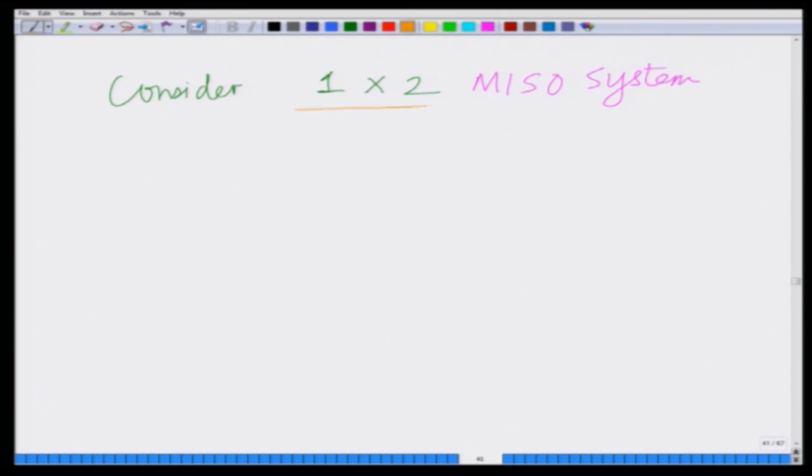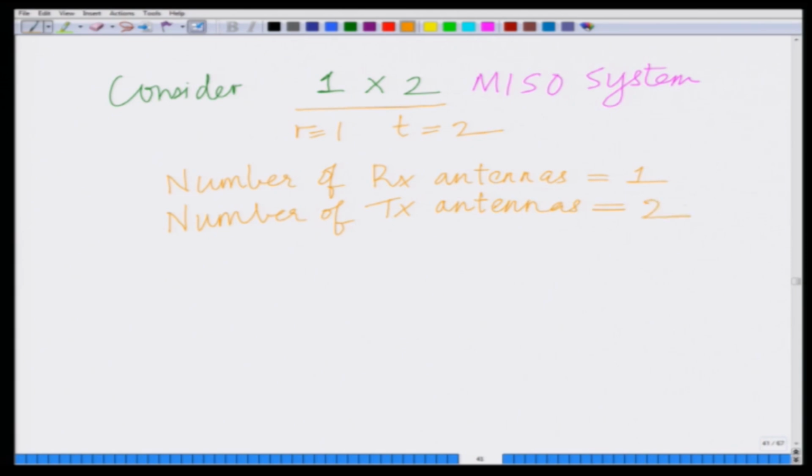1x2, as we have already seen, means R equals 1, T equals 2, that is, the number of receive antennas equals 1 and the number of transmit antennas is equal to 2.